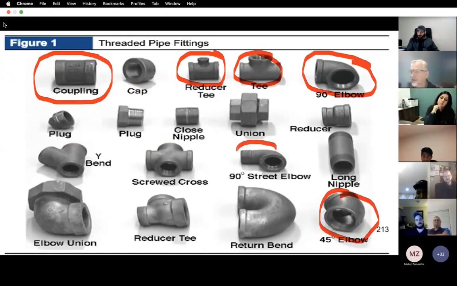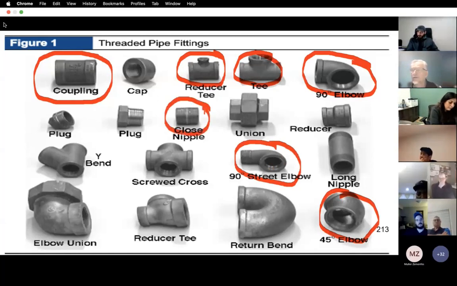Sometimes the elbows can be made with what's called a male thread on one end and a female thread on the other end, so we can join a fitting to the end of a pipe and go around the corner. Nipples will join fittings together. Return bend if we have a reason to go around a corner 180 degrees, and bits and pieces like this.